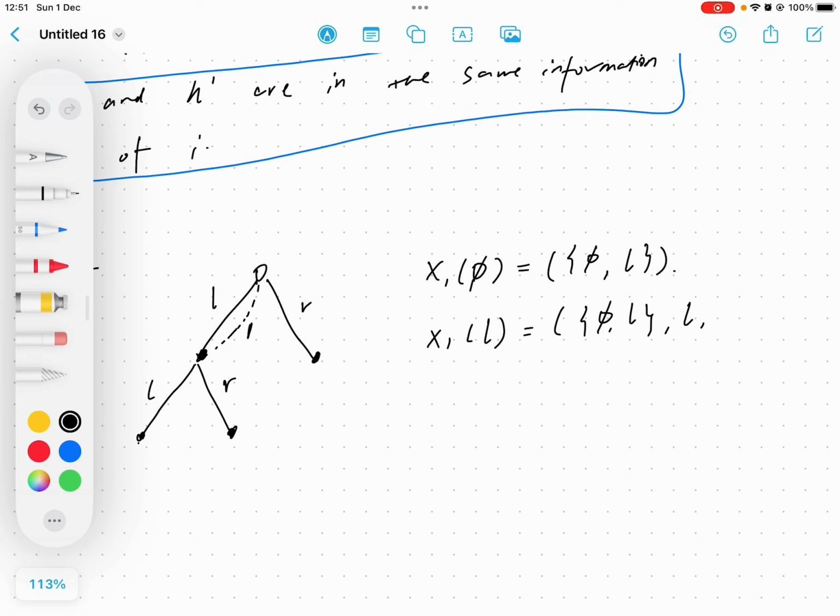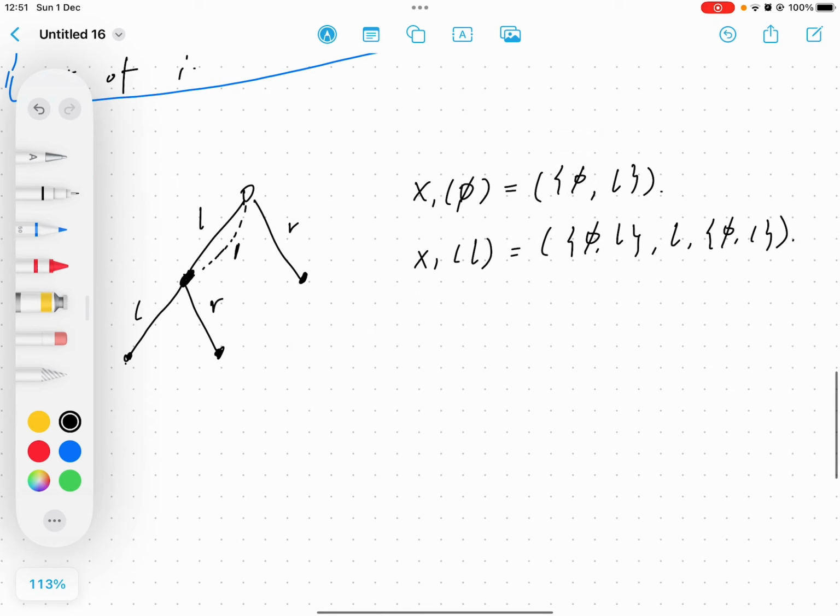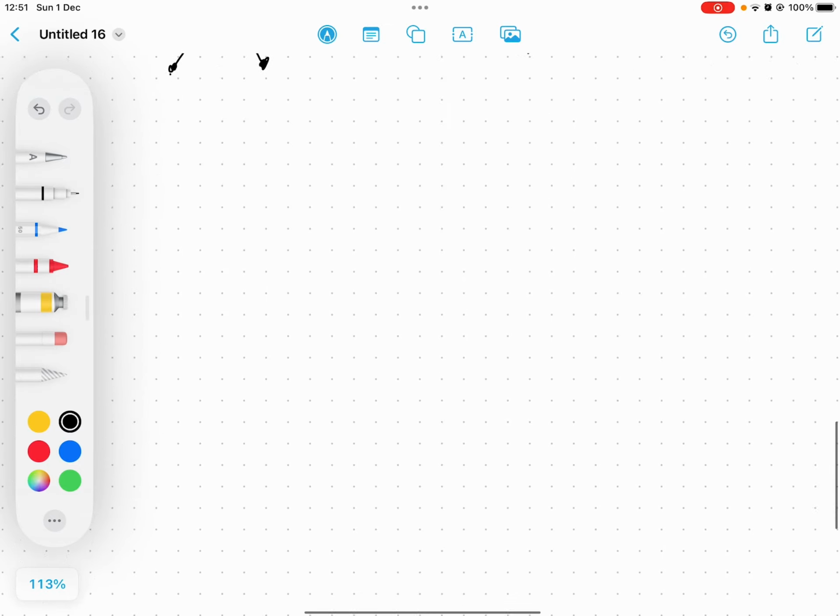And then when this game reaches this node after playing L, then the information set is still empty and L, right? Player 1 still cannot distinguish that. Okay, so here, we could immediately observe that x1 given empty is not x1 given L. Okay, so this is a straightforward example.